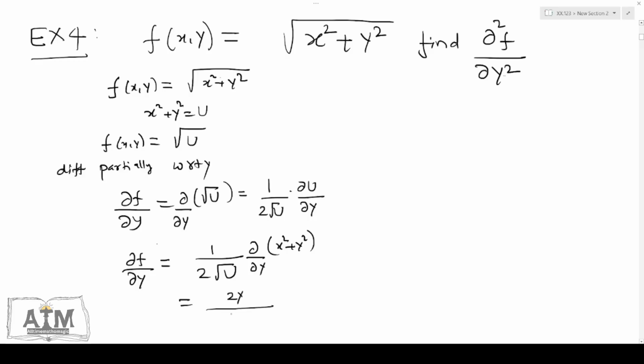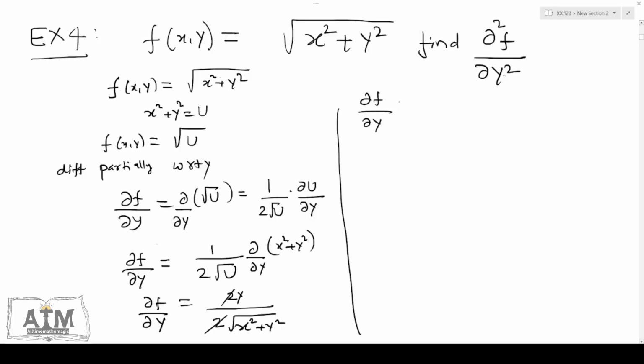So 2y, and replacing back the u value, x square plus y square, we get dou f by dou y equals 2y divided by 2 into the square root of x square plus y square. Cancelling 2, we get dou f by dou y equals y divided by the square root of x square plus y square.